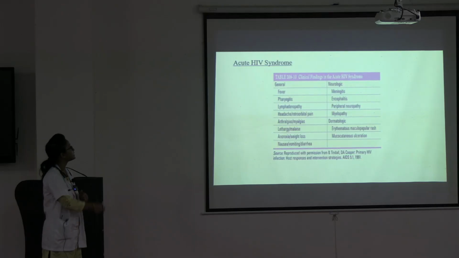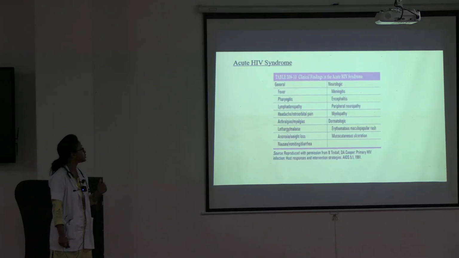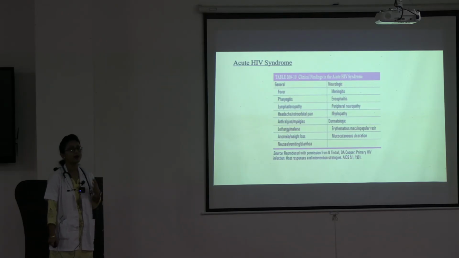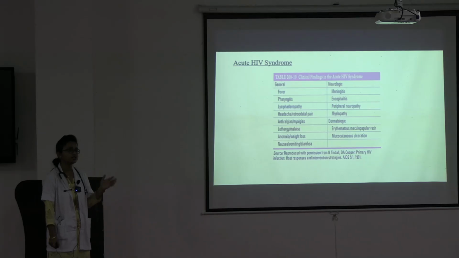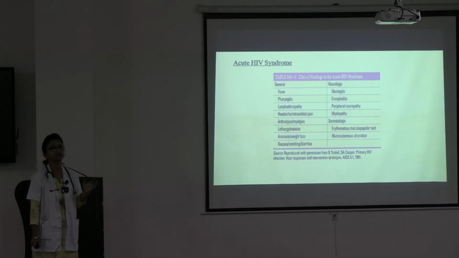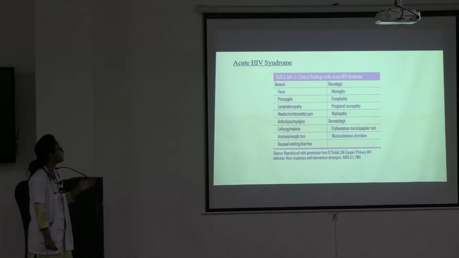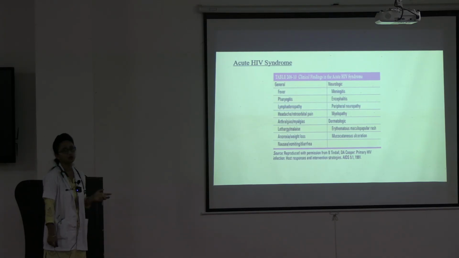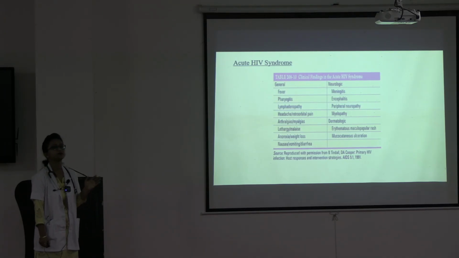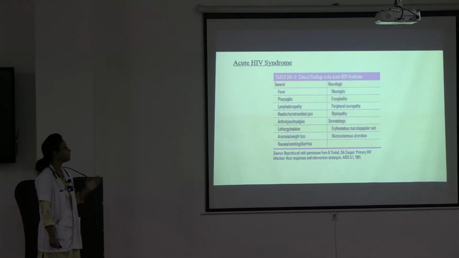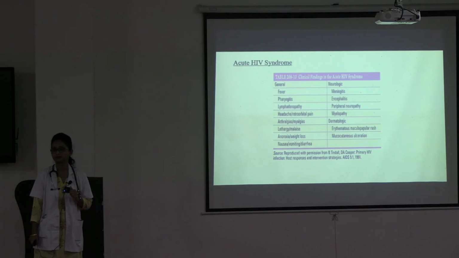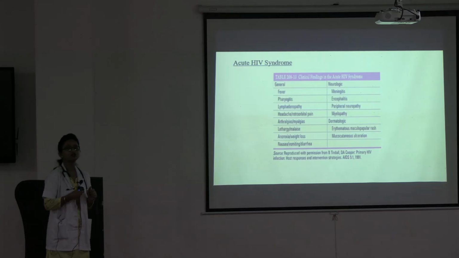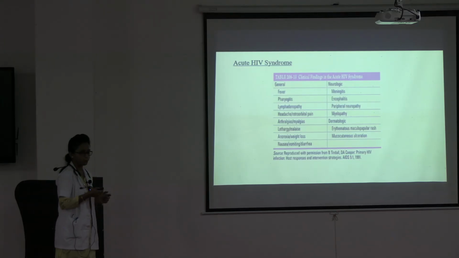Here, along with the symptoms like fever, pharyngitis, lymphadenopathy, headache, myalgia, arthralgia, the patient might present in an emergency neurological state, that is the meningitis, encephalitis, peripheral neuropathy and myelopathy. And there may be some skin lesions as well, like erythematous maculopapular rash and mucocutaneous ulceration. Okay, so this is all about acute HIV syndrome.